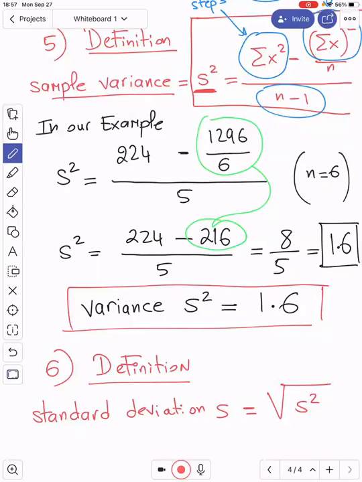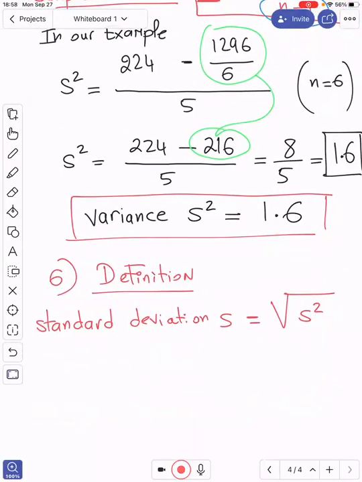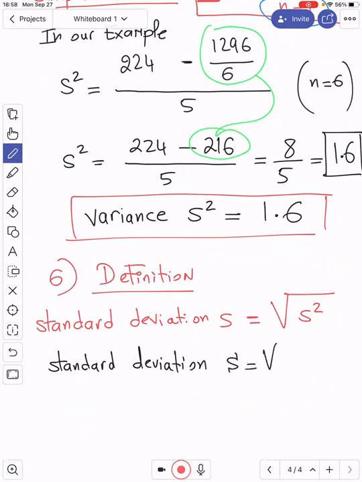So in this example, our standard deviation S would be the square root of 1.6. Again, 1.6 is the answer from step number 5.